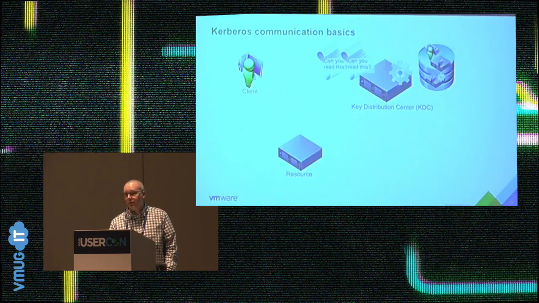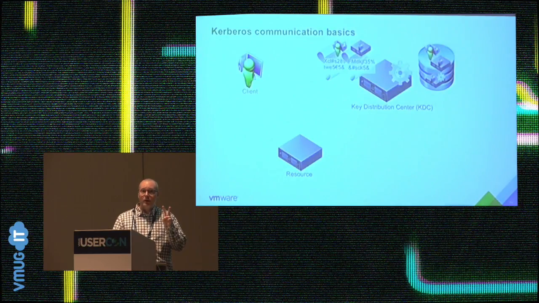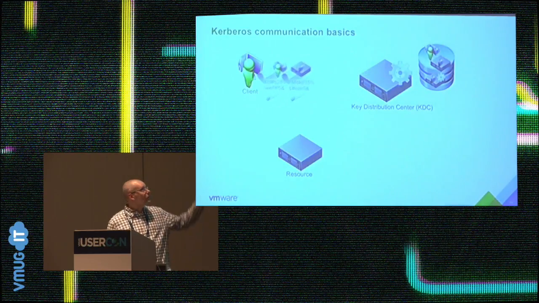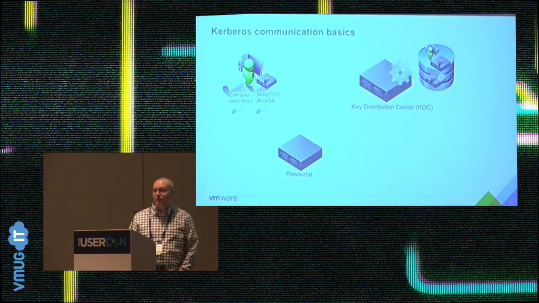The resource doesn't know the client's secret. So what the KDC does instead, or the Kerberos standard does instead, is every time the client wants to communicate with the resource, the KDC creates two messages. One encrypted with a client secret, one encrypted with a resource secret, and passes both messages to the client.